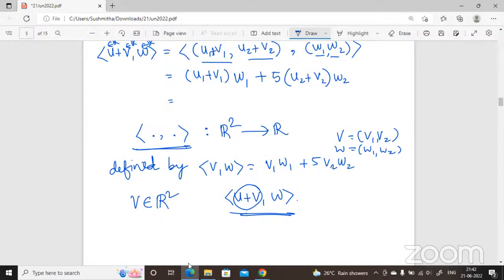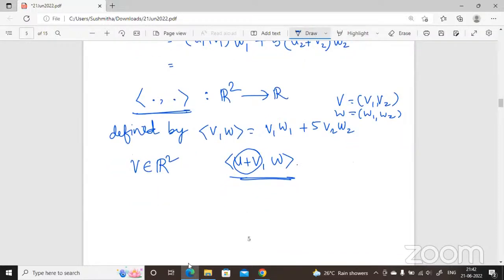So now this is given. If V is V1 comma V2, W is W1 comma W2, defined by inner product V comma W is equal to this. V1 is the first component of V, W1 is the first component of W.